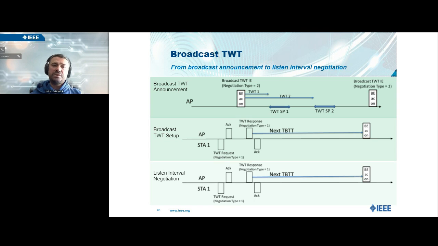The listen interval negotiation is providing the flexibility to the station to tell the access point, instead of every 5 beacons, I'm planning to wake up every, say, 10 beacons. So that's essentially the difference. So instead of negotiating broadcast TWT schedules, you're negotiating TBTT intervals, which are target beacon transmit times.